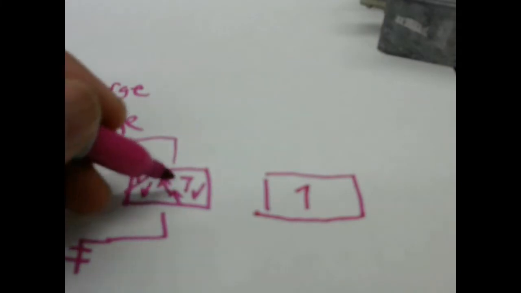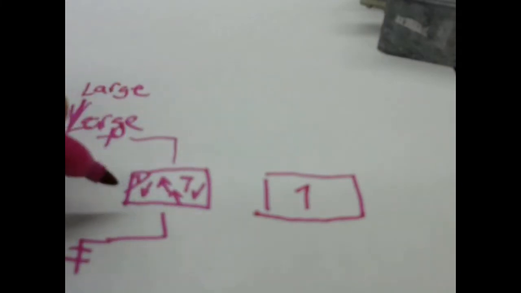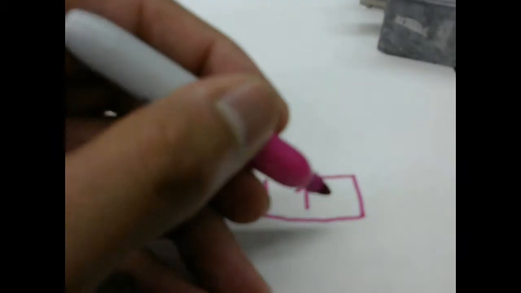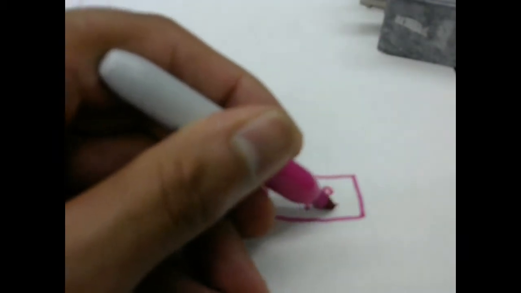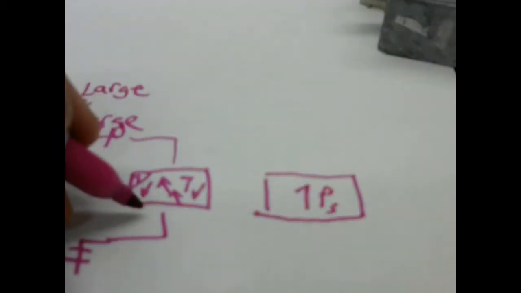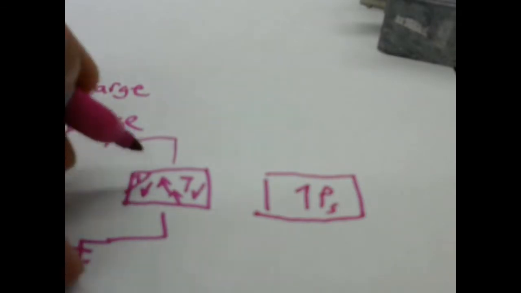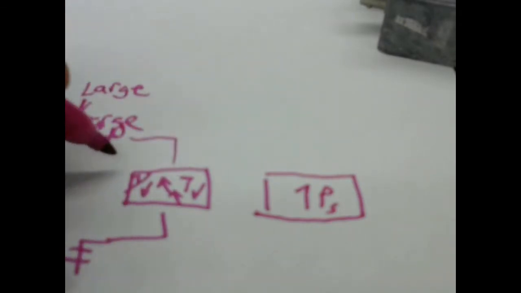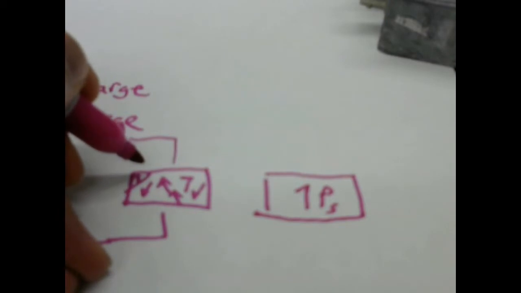The net polarization, because all the polarization vectors are going all of these different ways, they all cancel each other out. But after you pole it, by aligning them using a large electric field, we get a polarization. So what exactly happens here?